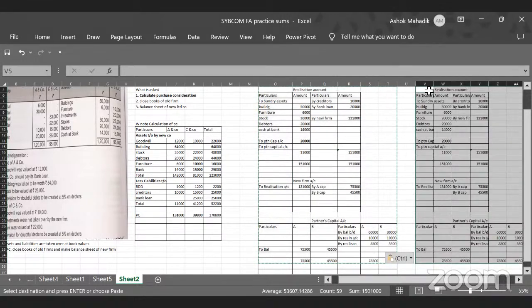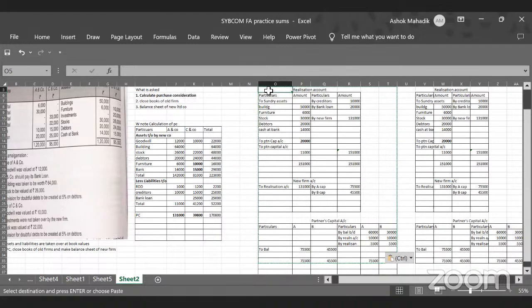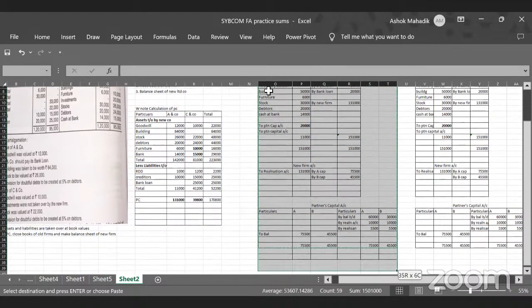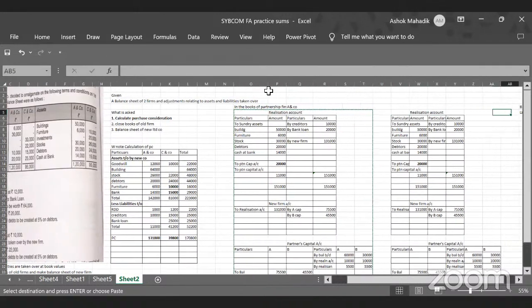I'll make it here on this side. I'll shift this part of A and company aside so that we can solve with the other firm, and take it here.